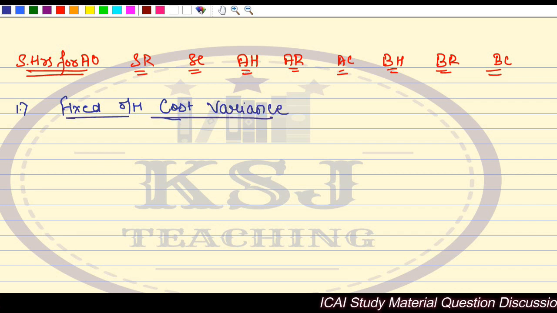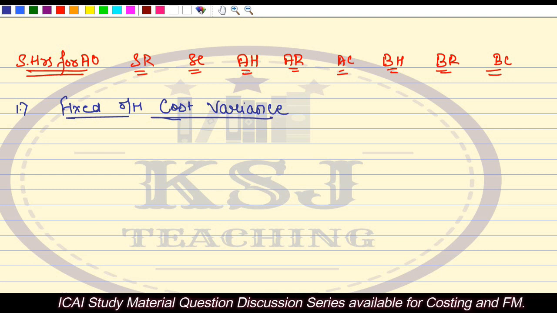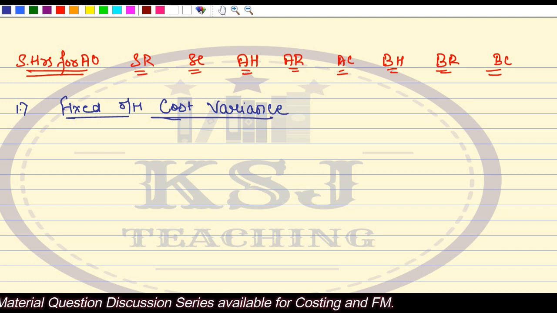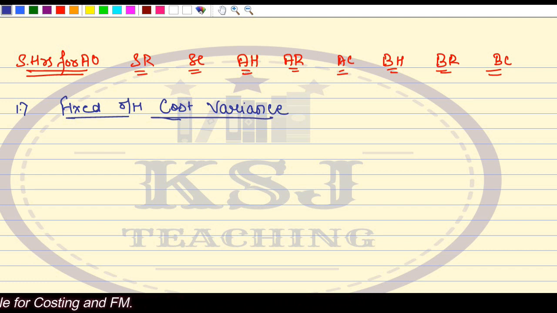So cost variance we are going to calculate from the actual output. Whatever is the absorbed cost variance means the difference between whatever you have absorbed and whatever is the actual cost, right?